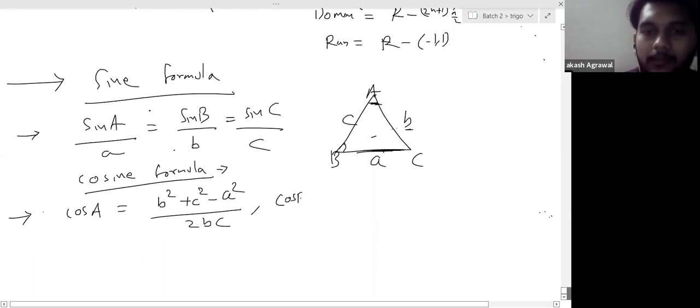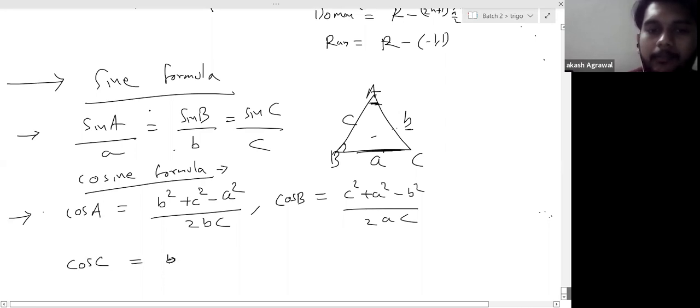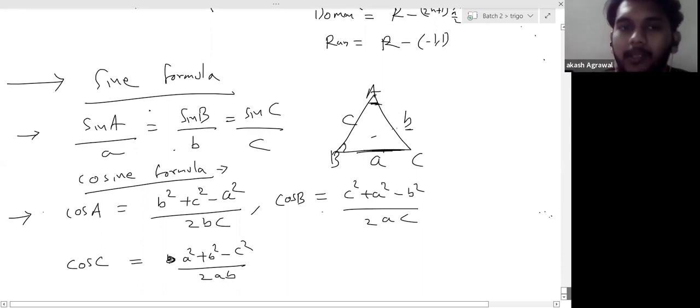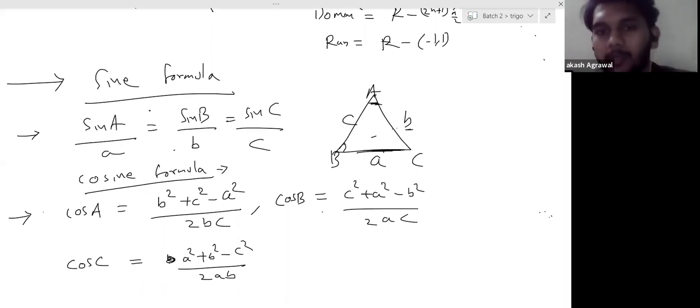If you have to find cos of B, then (c square plus a square minus b square) upon 2ac. If you have to find cos of C, then (a square plus b square minus c square) upon 2ab. These are the cosine formula and sine formula. Sometimes used, sometimes not used, but it is good to know. It is given at the back of your NCERT.